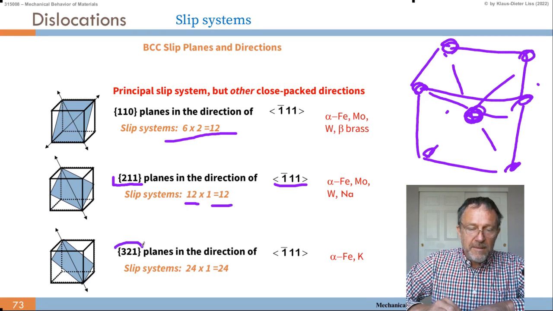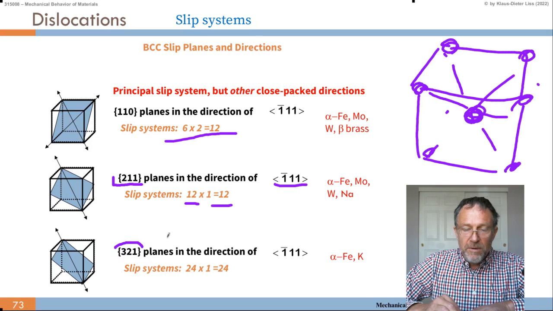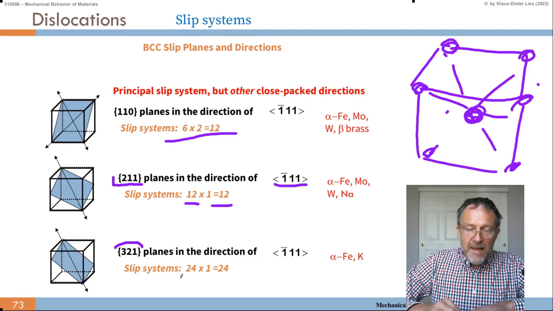And third, we have the {3,2,1} planes, can be 1,2,3 or 3,1,2 and so on, in the direction of <-1,1,1>, and that gives us 24 slip systems.